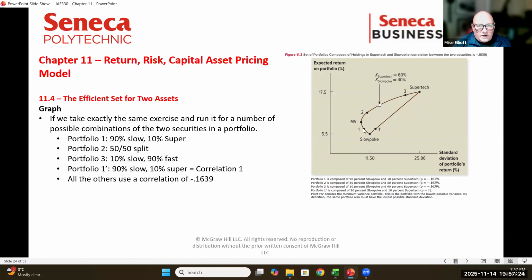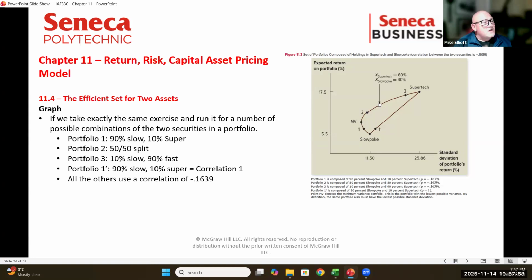For example, point number 1 here is 90% Slowpoke and 10% Supertech. Point 3 is 90% Supertech and 10% Slowpoke. Point 2 is a 50-50 split. Position MV is the lowest possible position on your entire portfolio of Supertech and Slowpoke.